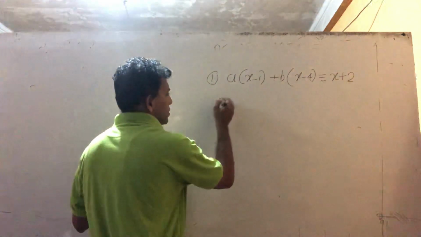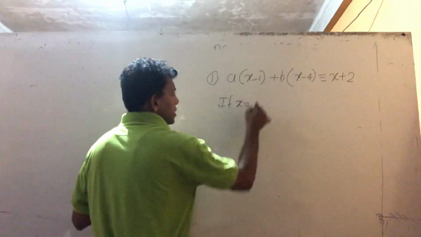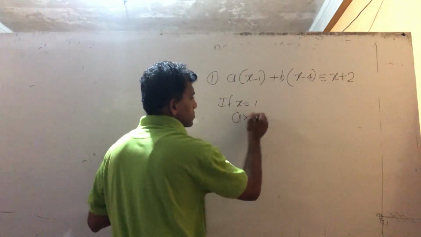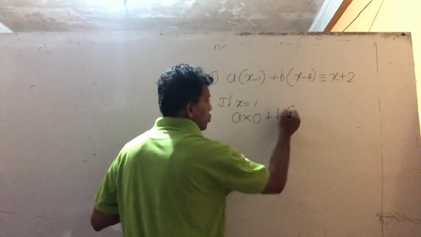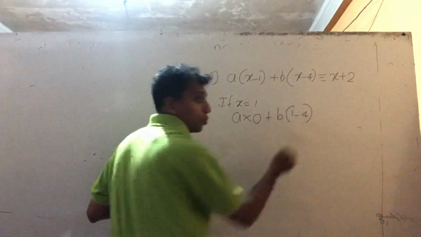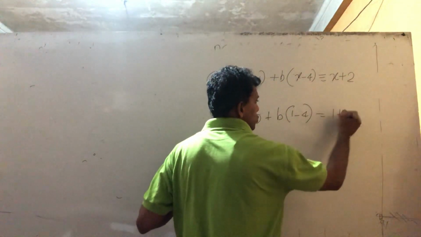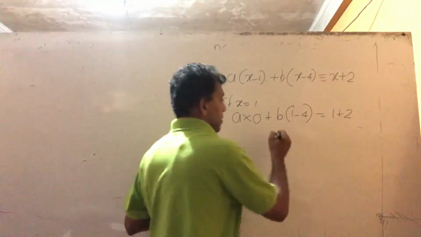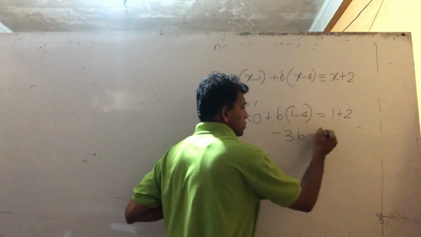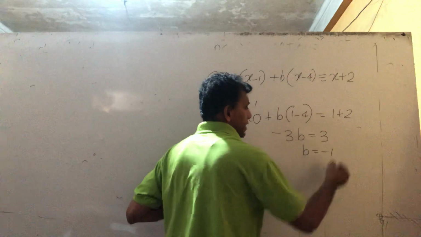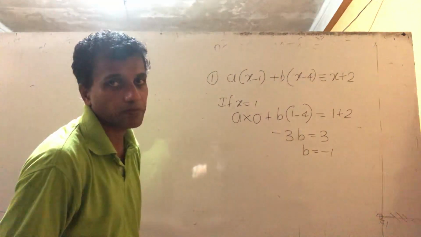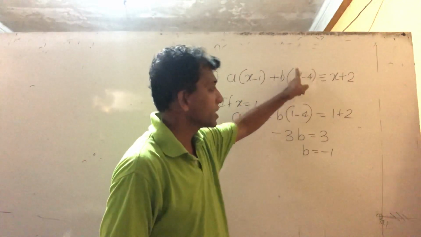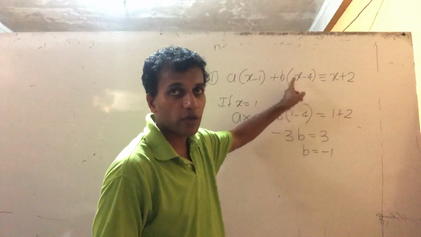If x equals 1, this is 0. So b into (1 minus 4) equals, on the other side, 1 plus 2, and this part is 0. So minus 3b equals 3, therefore b equals minus 1. And make this part 0: if you put x = 4, 4 minus 4 is 0, and 0 times b is 0.